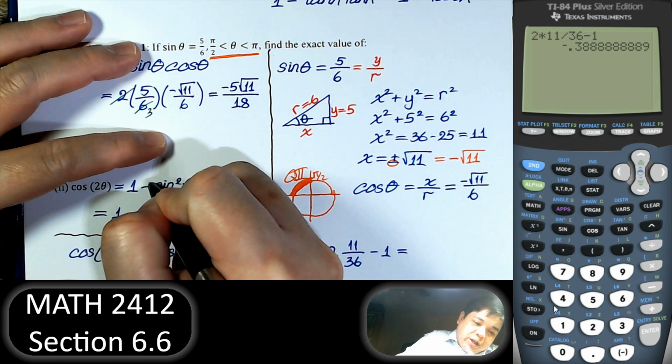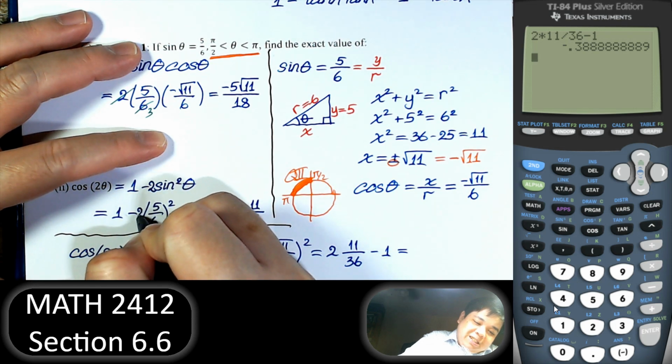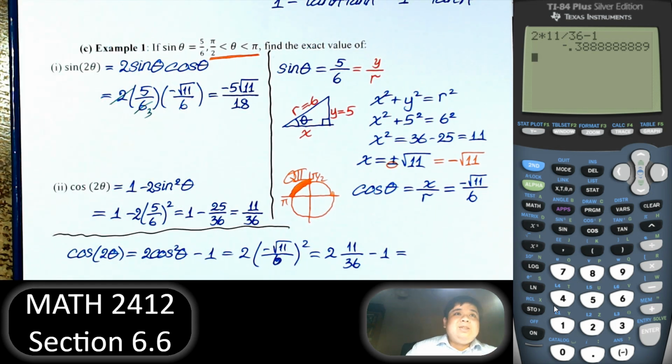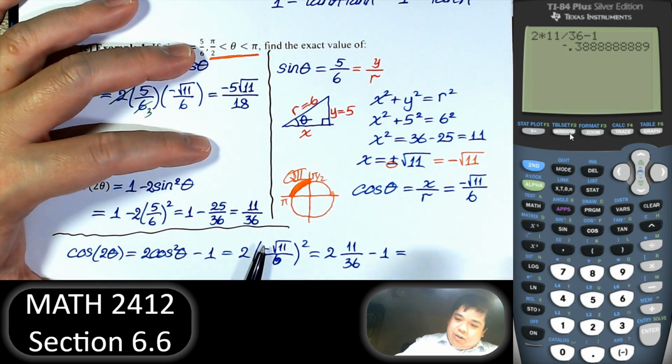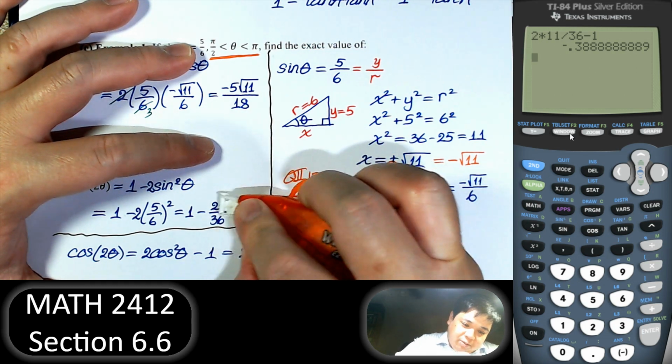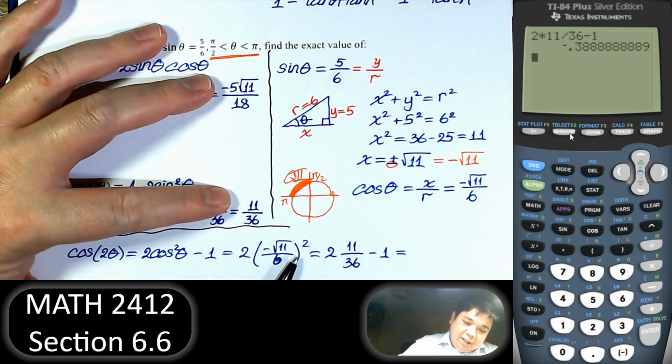Sorry, there's a 2 here which I forgot. So instead that would be 50.